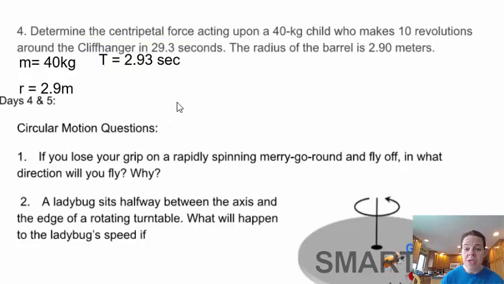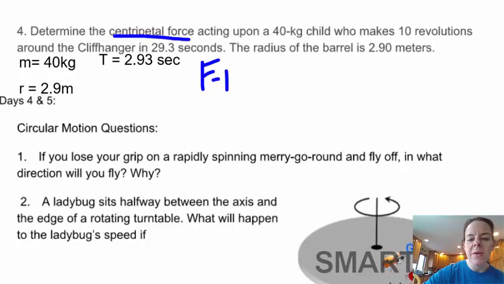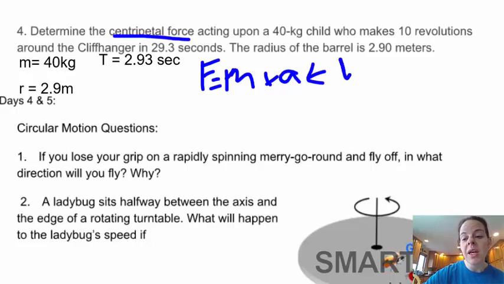Then you have to think about what equation you're working with. You're going to try and find the centripetal force. For this, you're going to use our same regular old equation, F net equals mass times acceleration. But now we're talking about circular motion, so we have to use circular acceleration, and circular acceleration is v squared over r.